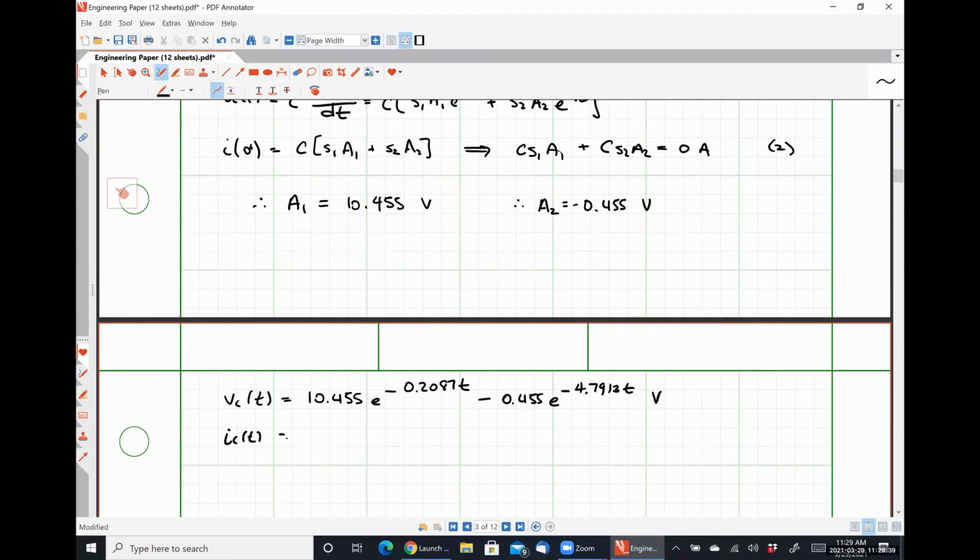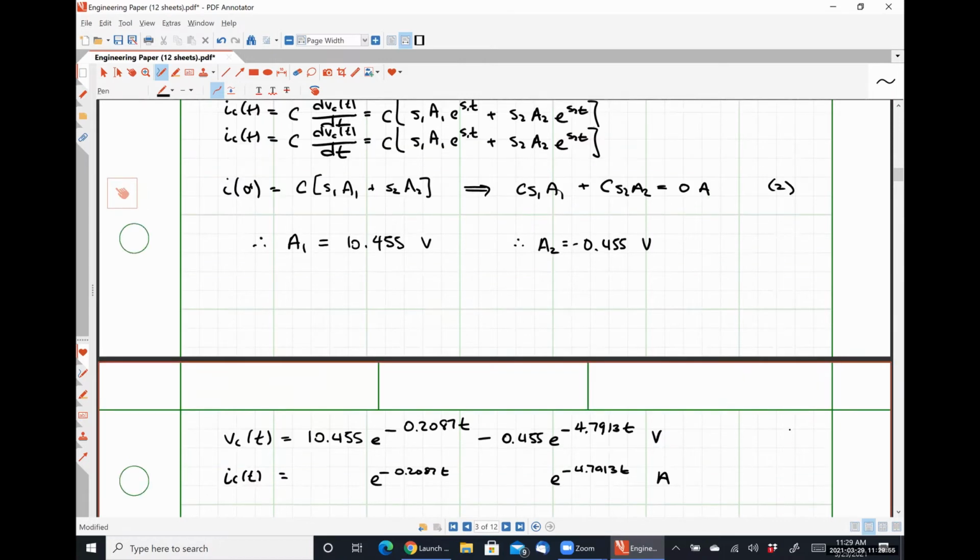IC of t, so I'm going to have that same e to the minus 0.2087 t here, and that same e to the minus 4.7913 t here. My answer is going to be in amps.